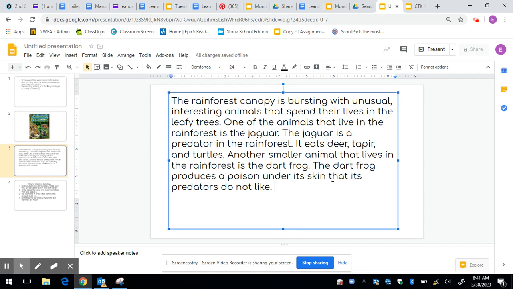So I'm going to write, you never know what kind of amazing animals you'll see in the rainforest. Okay, so I had a quick introduction sentence. I told you about a couple animals I learned about, and then I had a closing sentence.